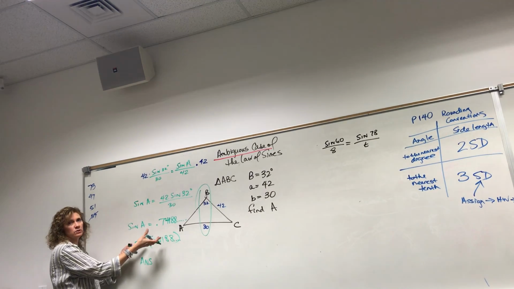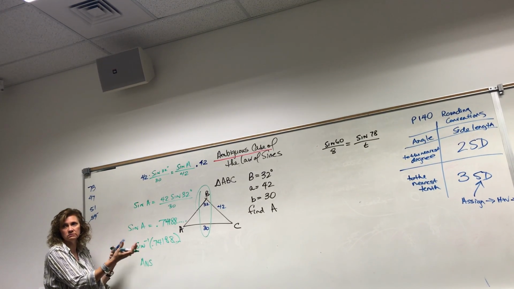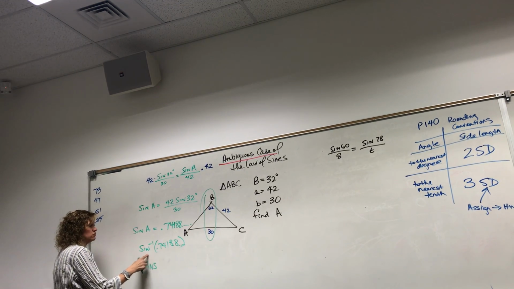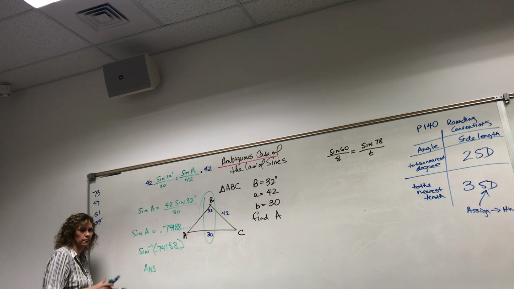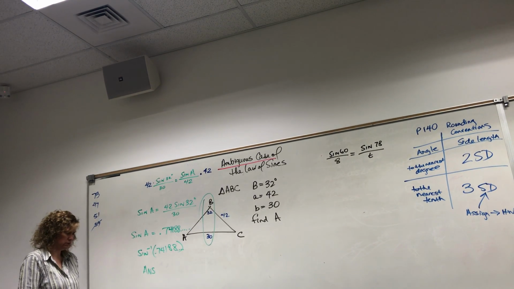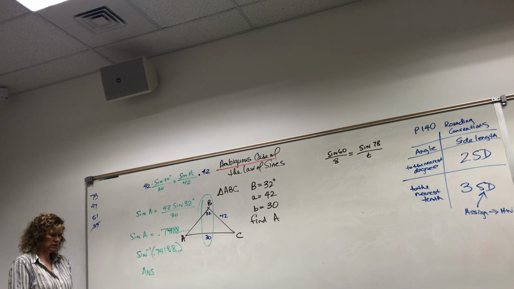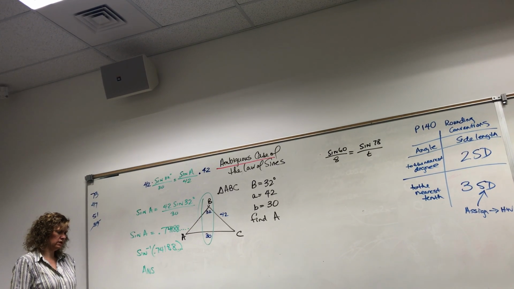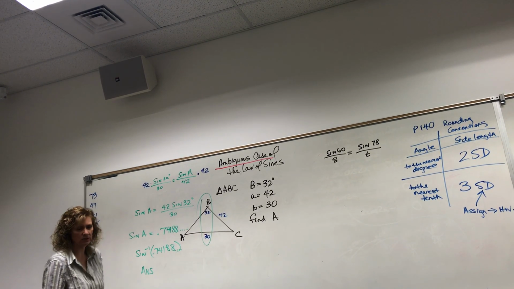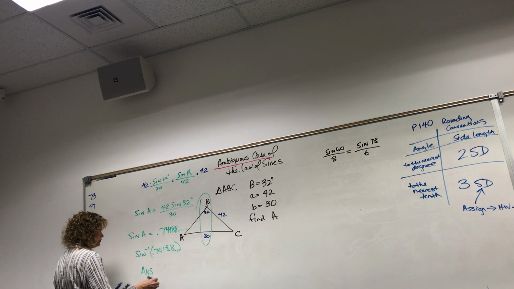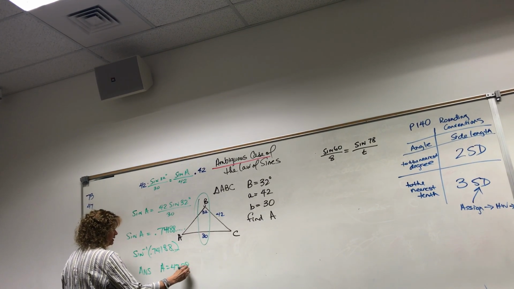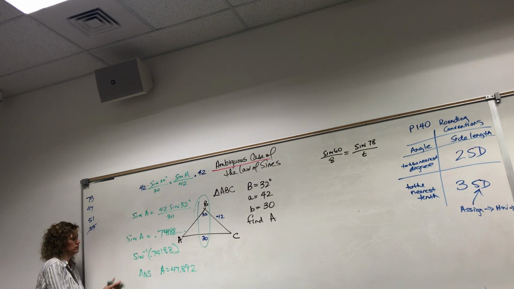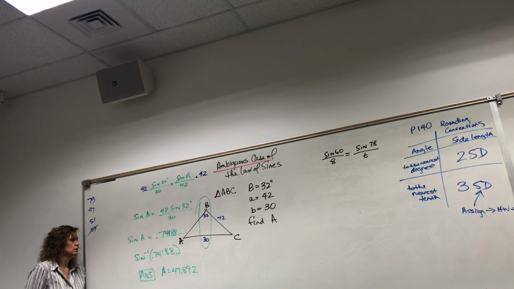I want that decimal and I don't want to write it down and I don't want to chop it off. So we do inverse sine of the answer, and we get 47.892. So A equals 47.892.